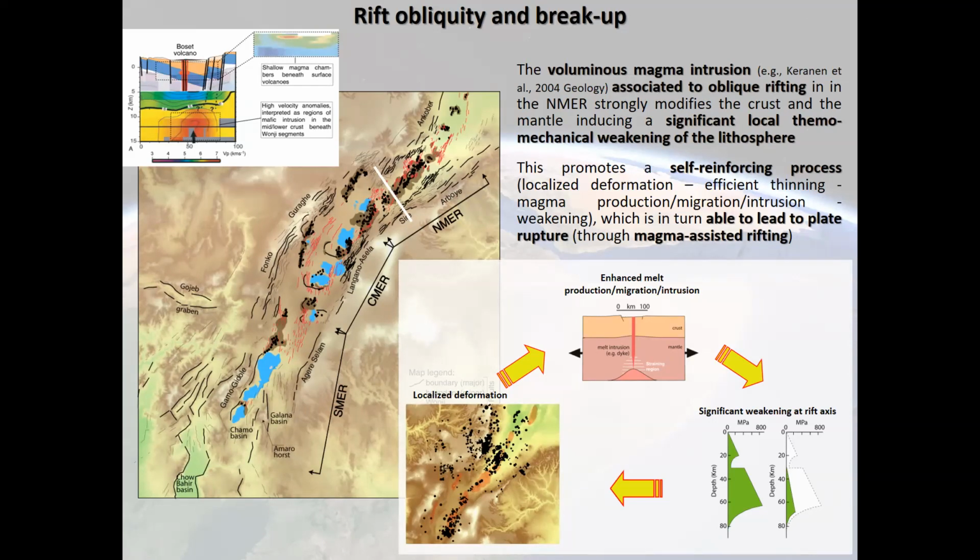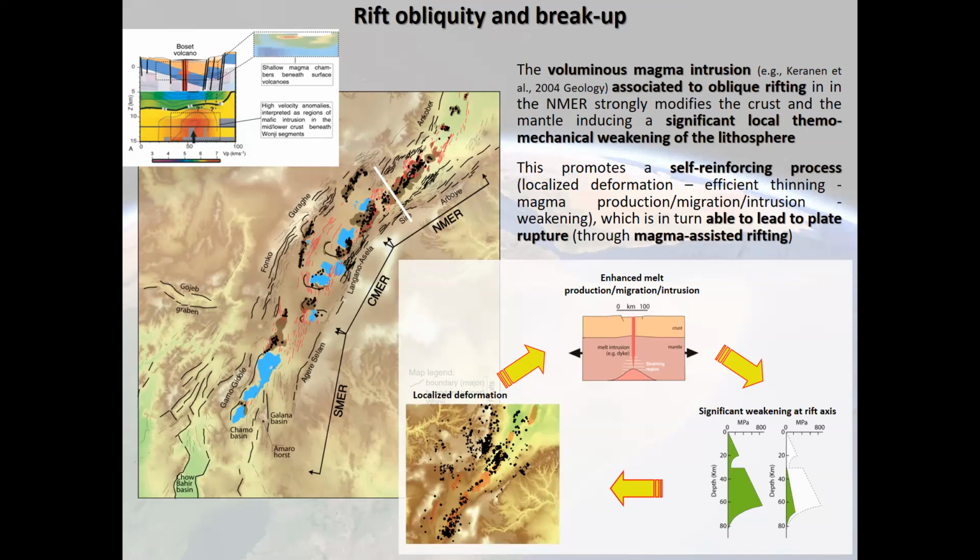So we have what we call the beginning of magma-assisted rifting. So a rifting which is significantly influenced and promoted by magma and magma weakening.